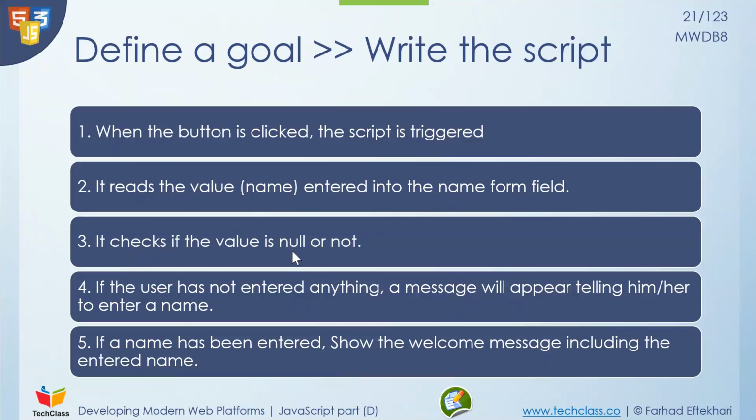That means whether the user entered some value inside that text box or not, and if it's null, it means no information has been provided. If the user has not entered anything, then a message will appear telling them they haven't entered anything. And if it was entered, then we show the welcome message and the task is done.